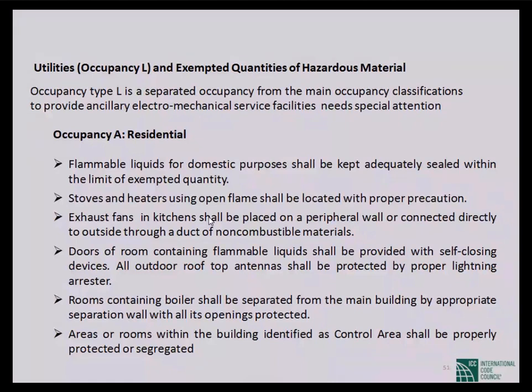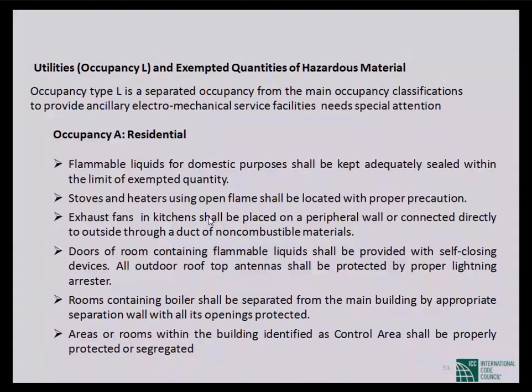For example, for residences, the flammable liquids for domestic purposes shall be kept adequately sealed within the limit of exempted quantity. You have already learned in part 3, if there is flammable material, like oil or diesel, depending on the flammability of the material, there is some exempted quantity. Exempted quantity has two parameters: exempted quantity in open form, or exempted quantity in closed, packaged form.